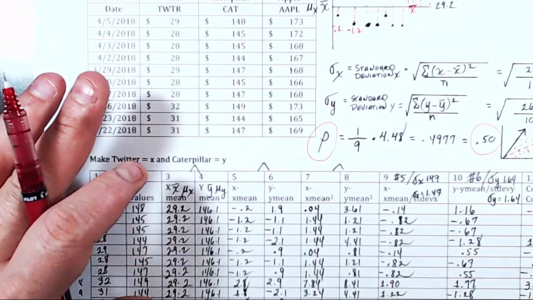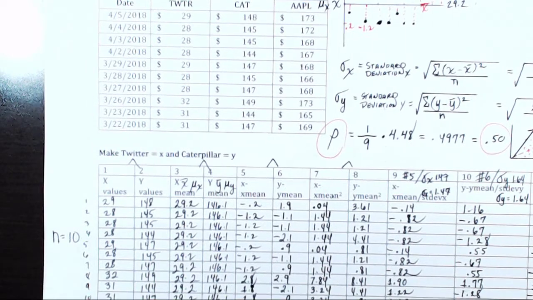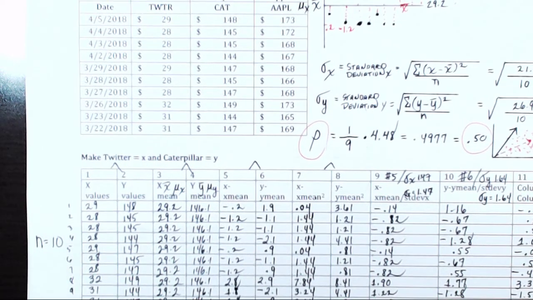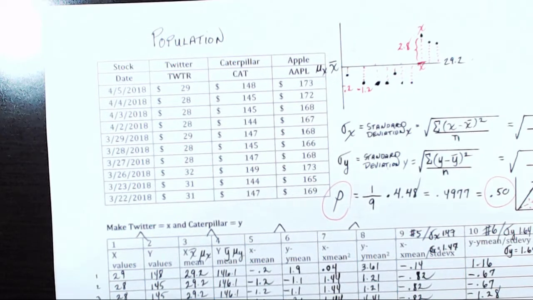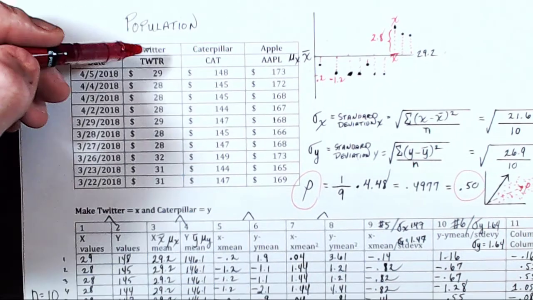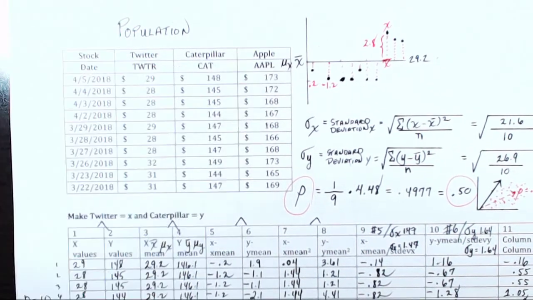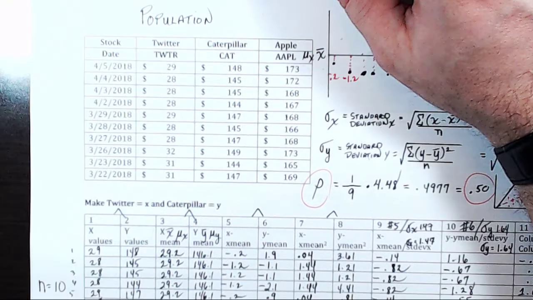Now, I will show you in a different video how to compute the correlation coefficient. Well, why not just go ahead and show it here? I'll tell you what I'll do.